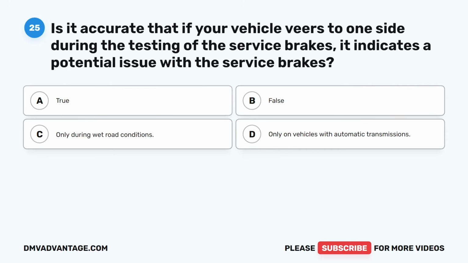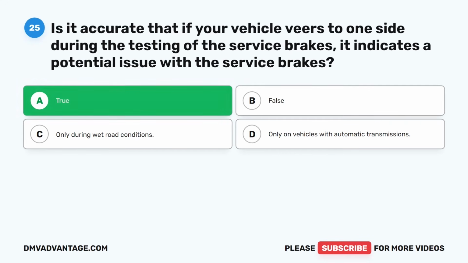Question 25. Is it accurate that if your vehicle veers to one side during the testing of the service brakes, it indicates a potential issue with the service brakes? A, true. B, false. C, only during wet road conditions. D, only on vehicles with automatic transmissions.